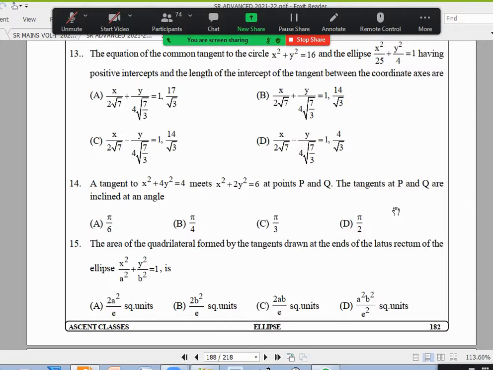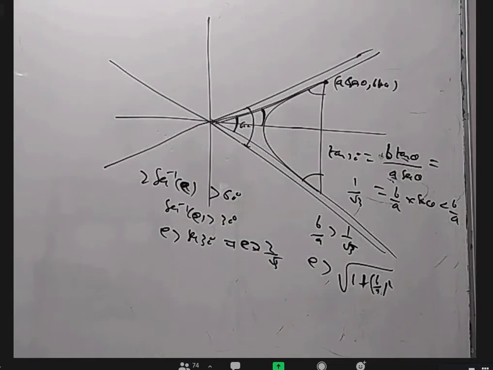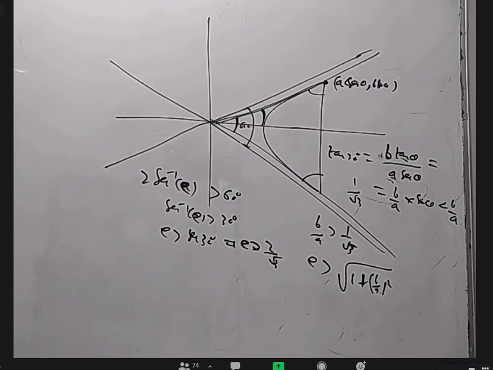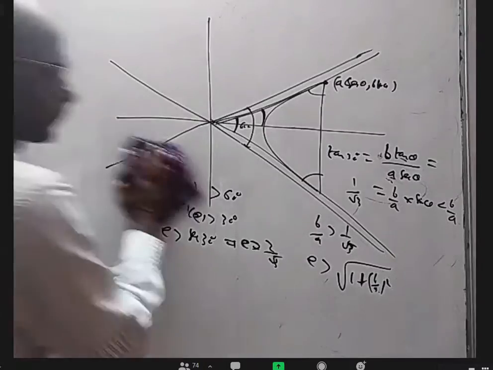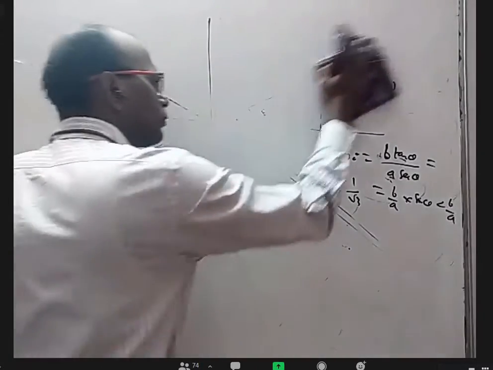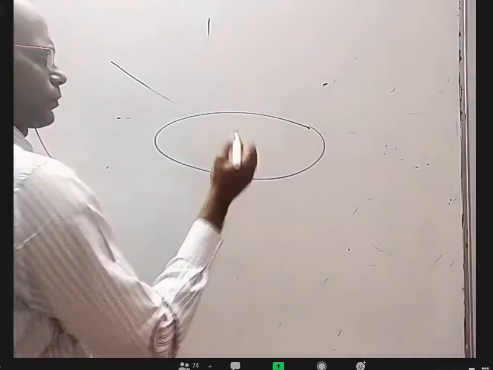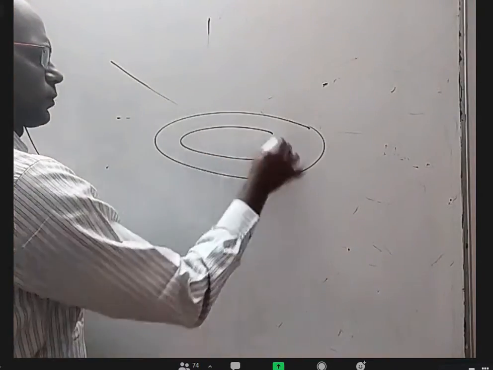Okay. You're asking this 14th question only, no? Yes, sir. Okay. A tangent to this ellipse meets this at this. You take an ellipse and a little smaller ellipse.